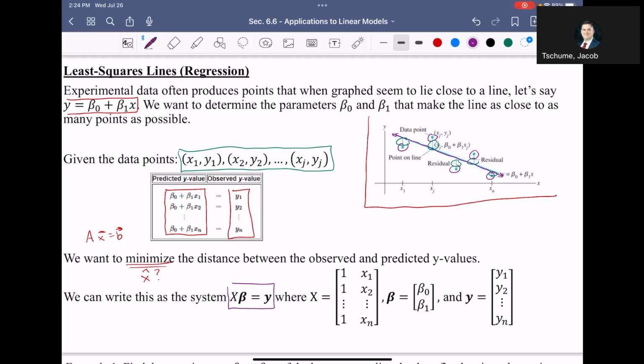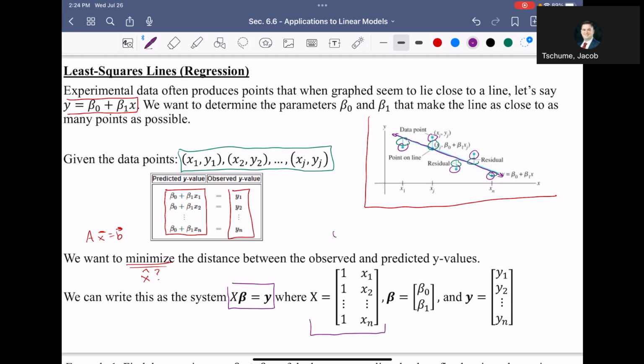In this matrix equation, here is how those 3 things are denoted. The columns of your matrix X come from the coefficients of your variables. Let me repeat that again. The columns of X come from the coefficients of your variables.